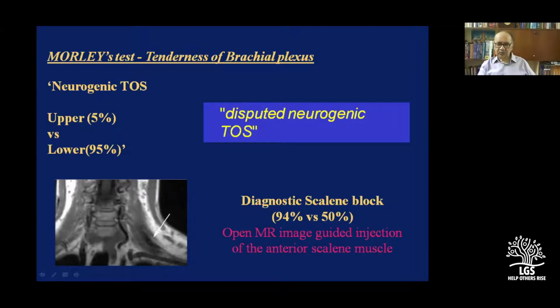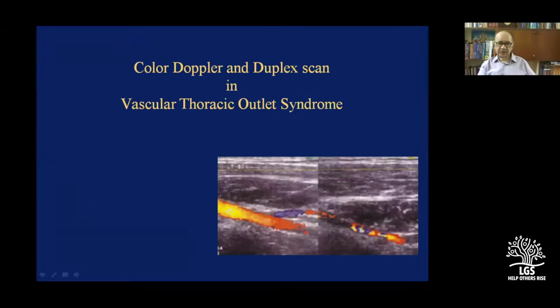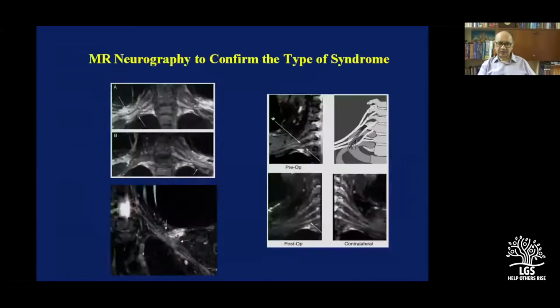It can be done with open MR image guided injection near the scalenus anticus muscle. Color Doppler and duplex scan are easily available and can be done to find out the vascular compression.